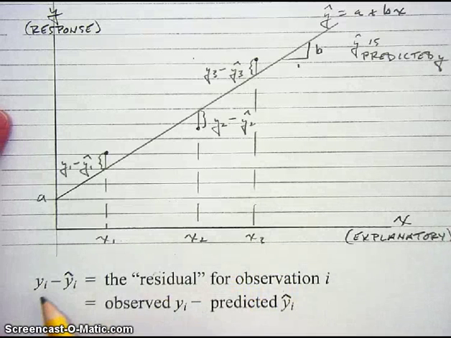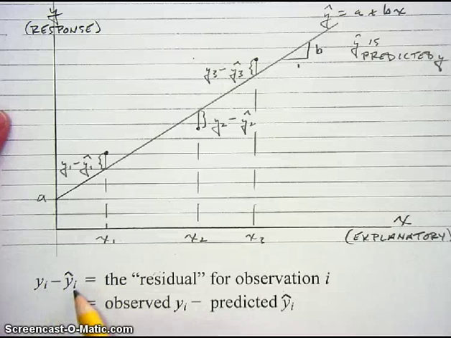So in general, for any point, for any xi, the residual for that observation would be yi minus yi hat. It's the observed value of y minus the predicted value of y for that particular observation. And that is the key to figuring out how a best fit line is going to work.